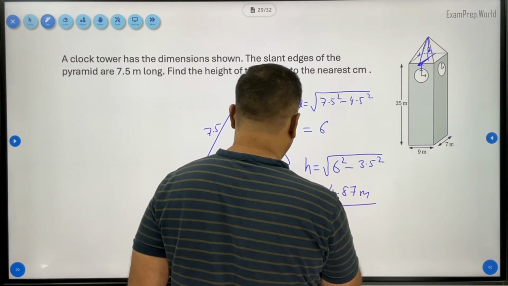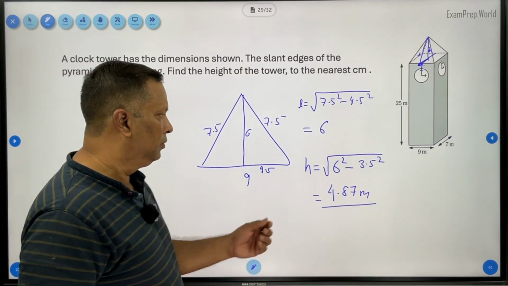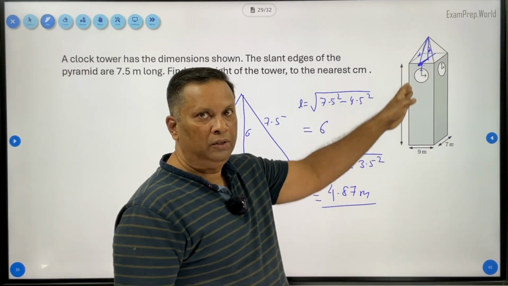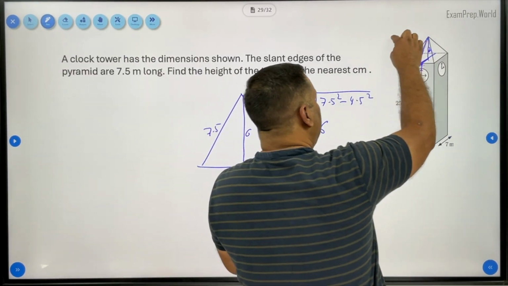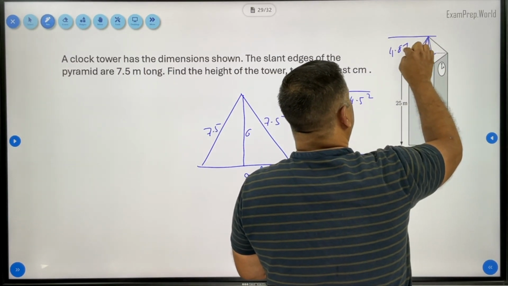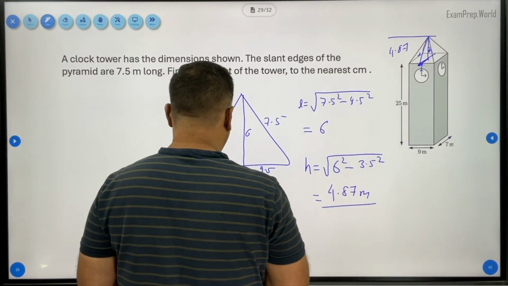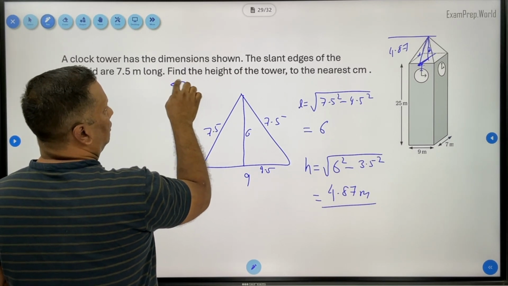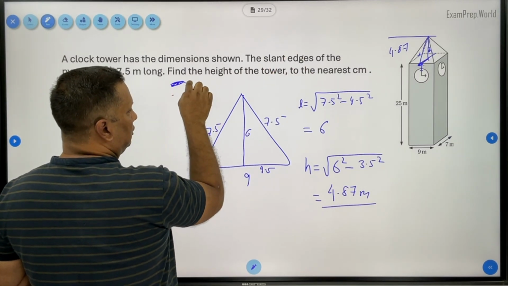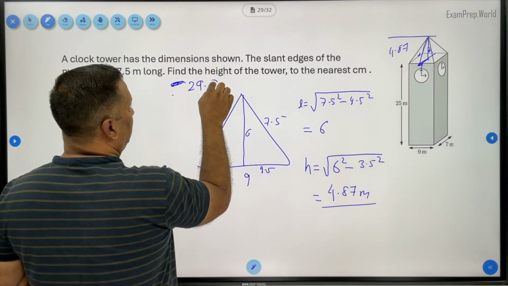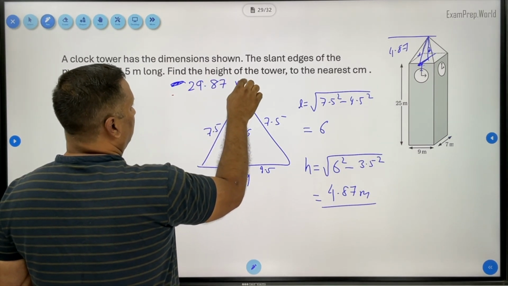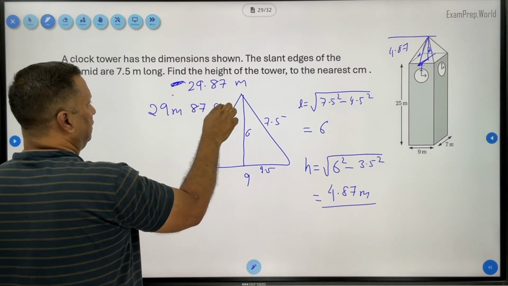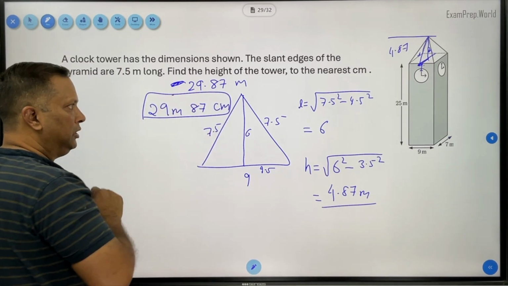Now we very clearly know the height of the pyramid is 4.87 and the height of the tower is 25. So the total height will be 29.87. Therefore the answer, to the nearest centimeter, is 29.87 meters, or we can say 29 meters 87 centimeters. That should be your answer.